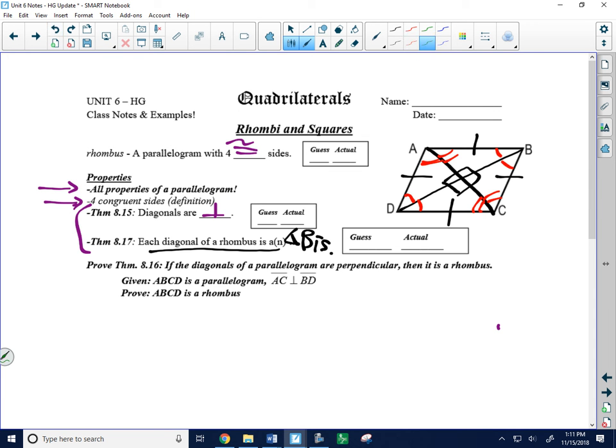And what you'll know, which we're going to use in this proof right here, each of these triangles is actually congruent. So when you draw the diagonals, this is another, I'm going to write it down. It's not like an actual technical theorem, but it is true that the diagonals make four congruent triangles.